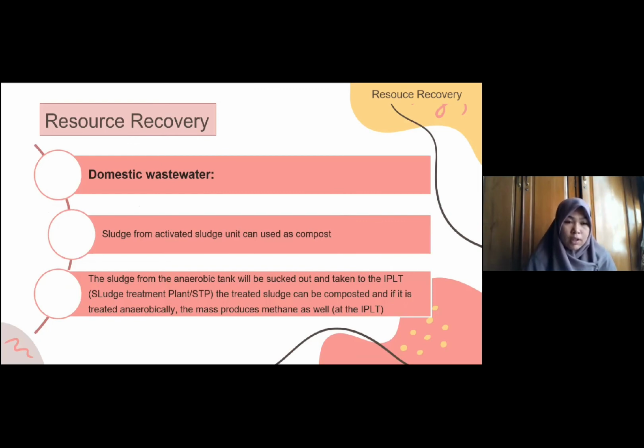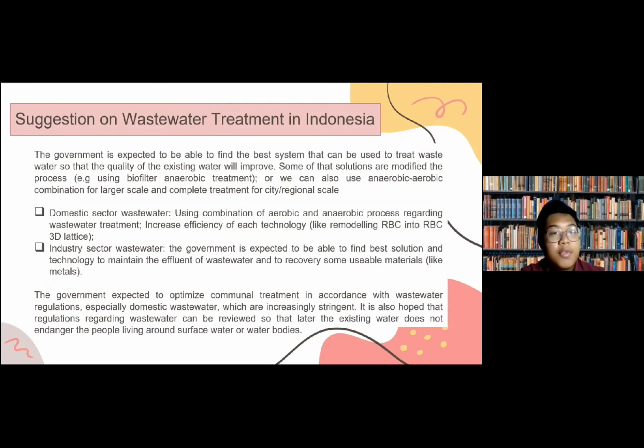As we know, the sludge comes from the biological process by microorganisms, and the sludge from the anaerobic tank we can take to the IPLT or sludge treatment plants. The treated sludge can be compost, and if it is treated anaerobically, it also produces methane at the IPLT.